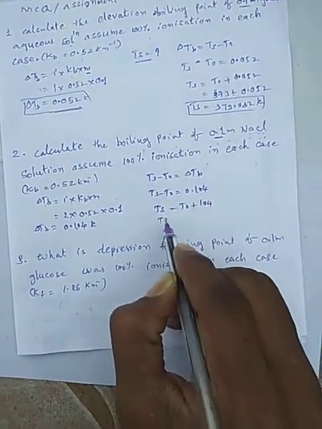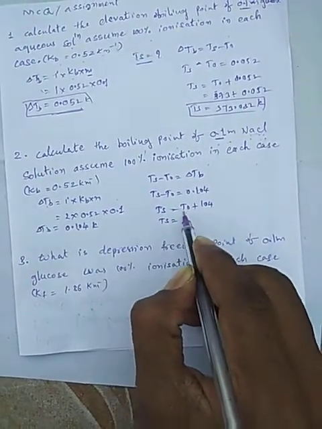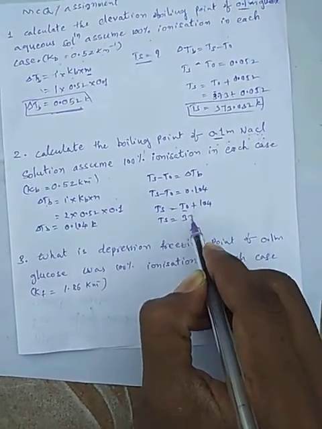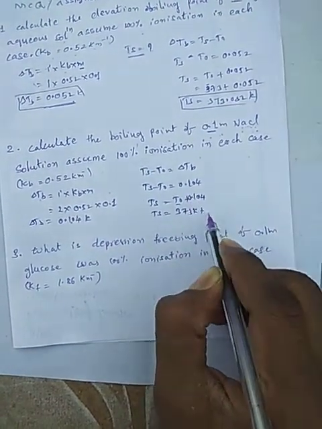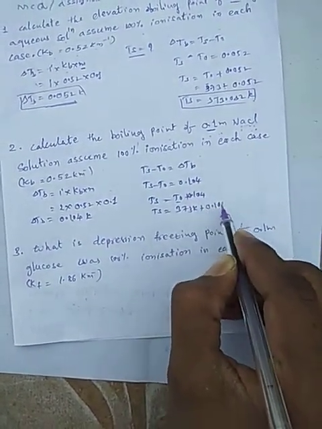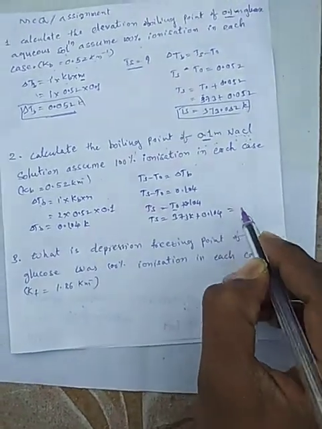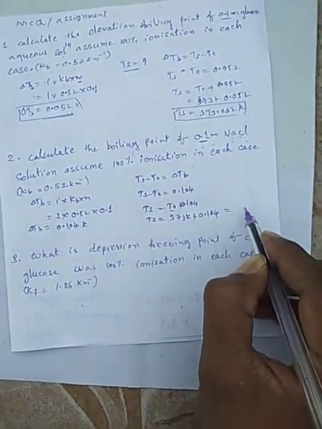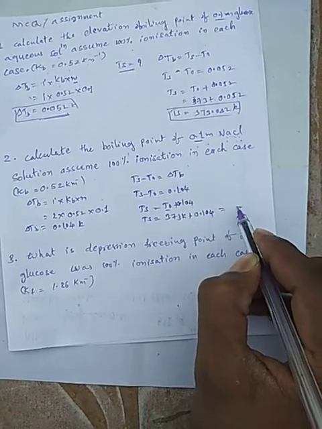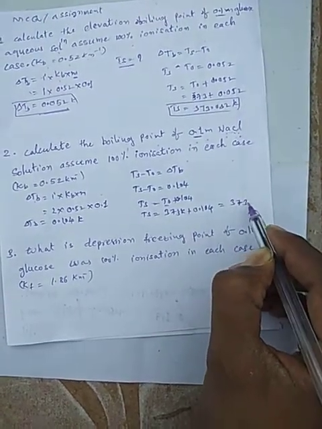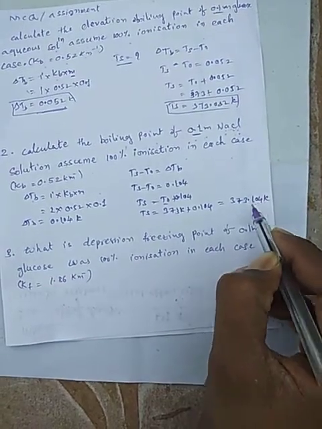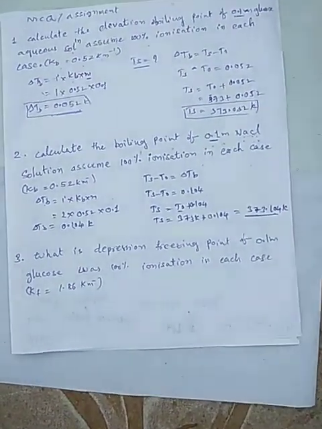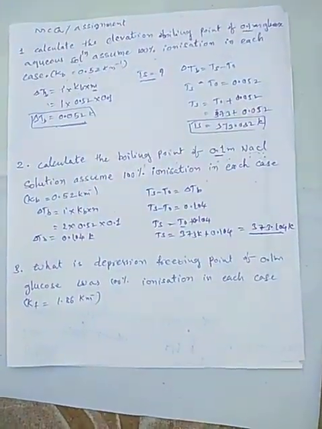That will become Ts is equal to absolute temperature 373 Kelvin plus 0.104. It becomes 373.104 Kelvins. This is the boiling point, the answer.